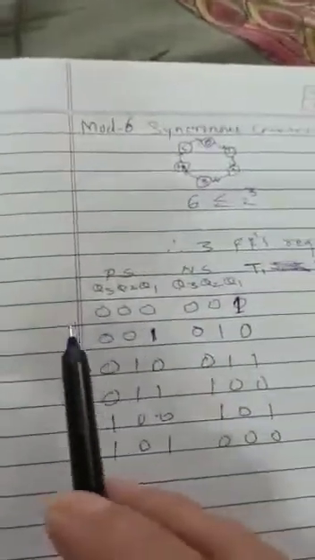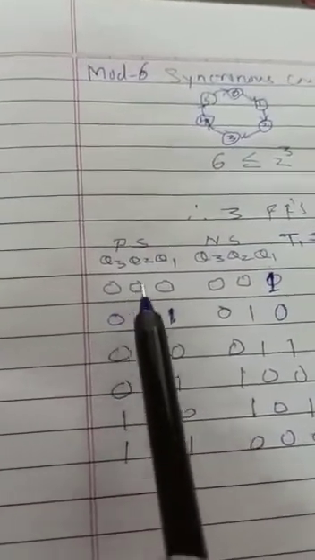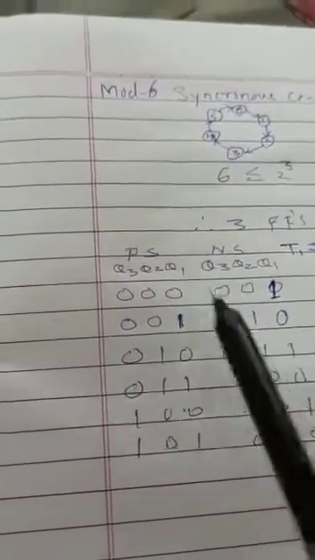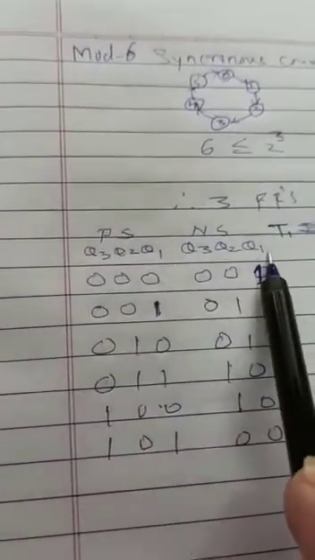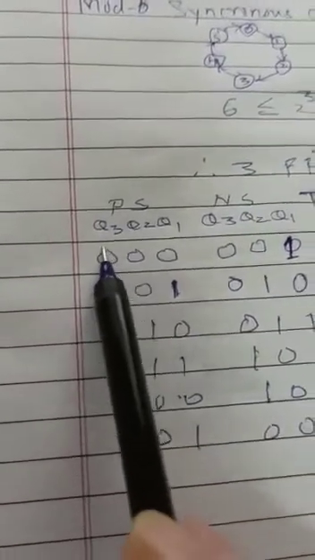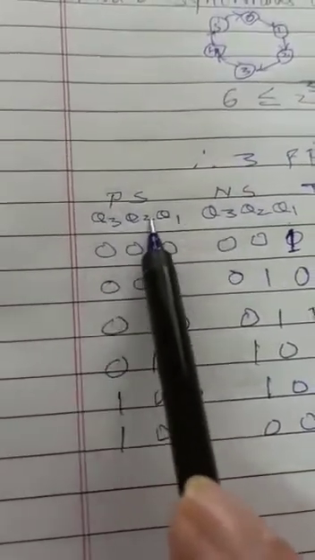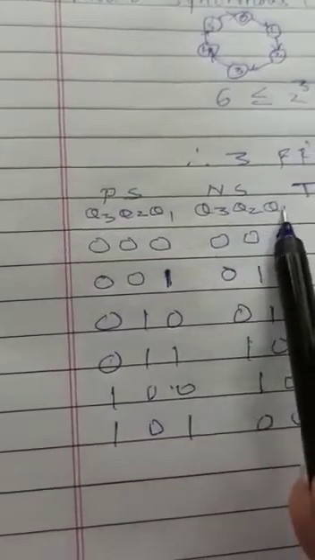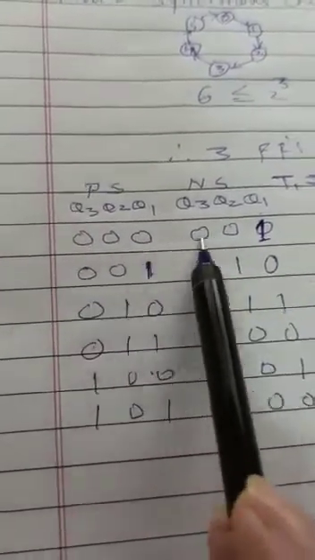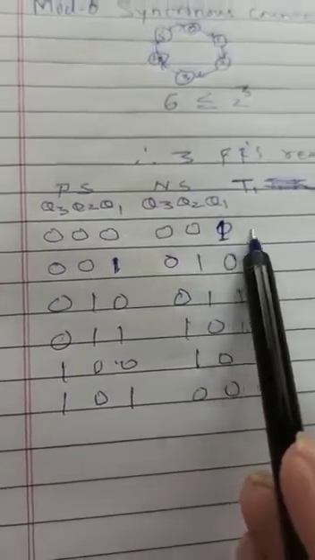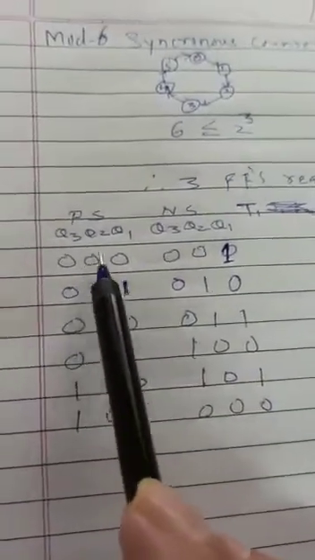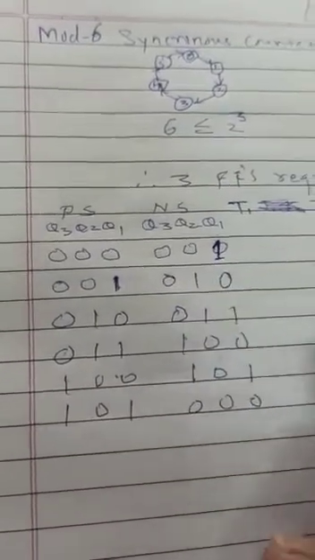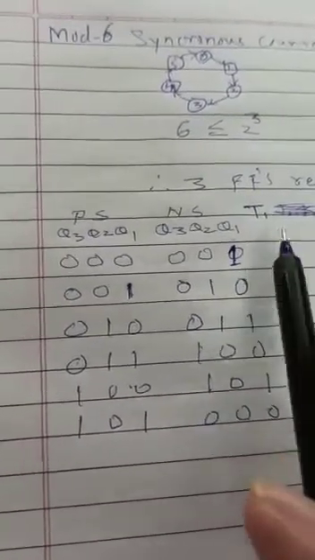Then the mod 6 counter will count from 0 to 5, and then again it will start from 0. So here present state and next state are written. Here 3 flip-flops are required, so that's why Q3 Q2 Q1. Going from 0 0 0 to 0 0 1, what input is required, that you have to find out from the excitation table.